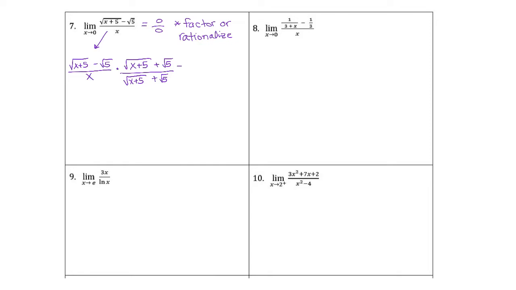And again, please don't multiply all this out. It is not necessary. You just need to multiply across the top, and you're only going to multiply the first 2 terms. So I'm going to multiply this to this, and that's going to give us x plus 5. And then I'm going to multiply here to here, so that's going to give me minus 5.